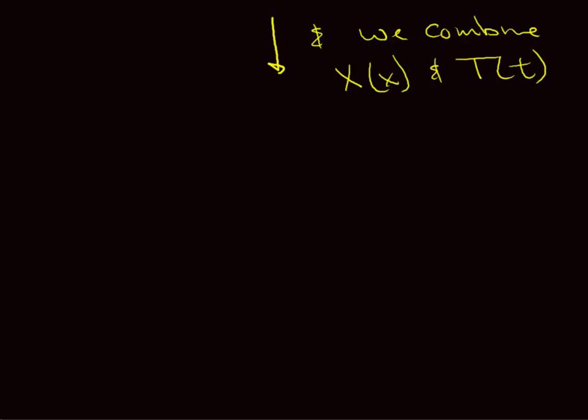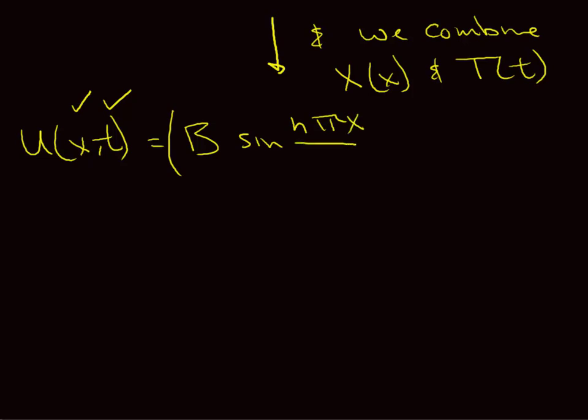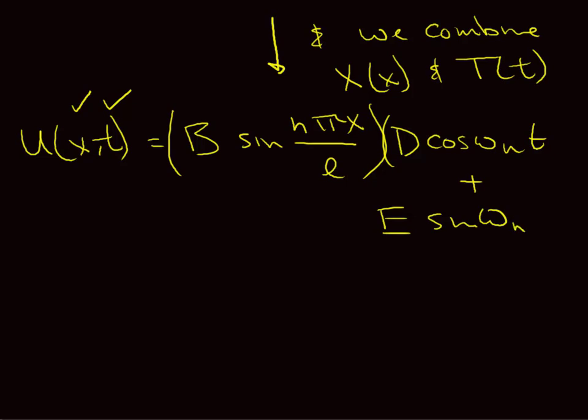So we have a description of both time and space, and we get this monstrous function, which is now our wave equation as a function of both space and time, equal to b sine of n pi x over L times d cosine omega n t plus e sine of omega sub n t. And it's just some monstrous description of our wave.